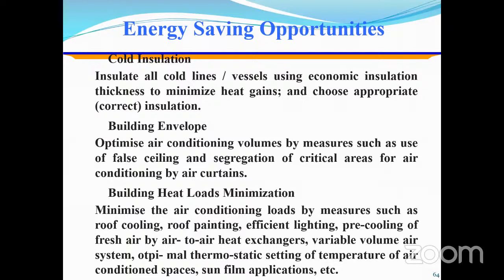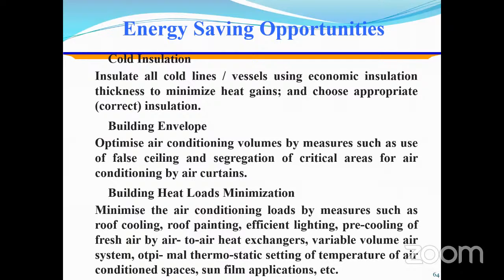So we have to do the insulation for equipment, that is the chiller, then the chilled water pipelines. That is called insulation, where we can minimize the heat gains.